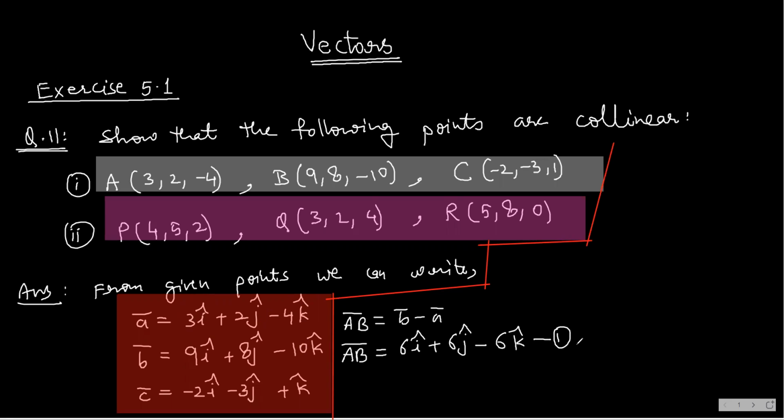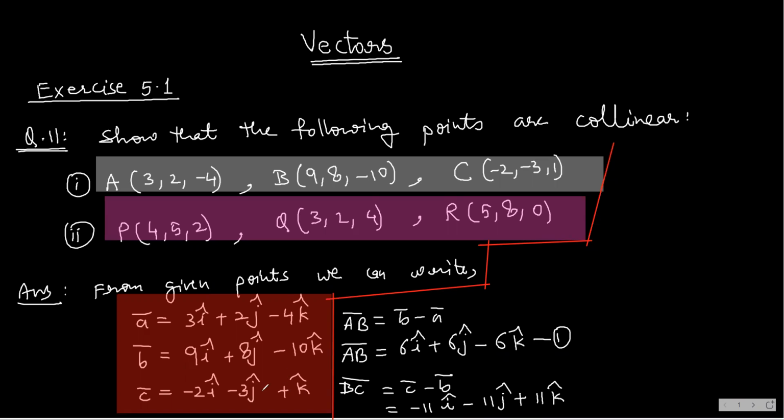After AB bar, I will find out BC bar. So let us find out vector BC bar. What will be BC bar? BC bar, I will get C bar minus B bar. So that gives me negative 11 I cap, negative 11 J cap, and plus 11 K cap.